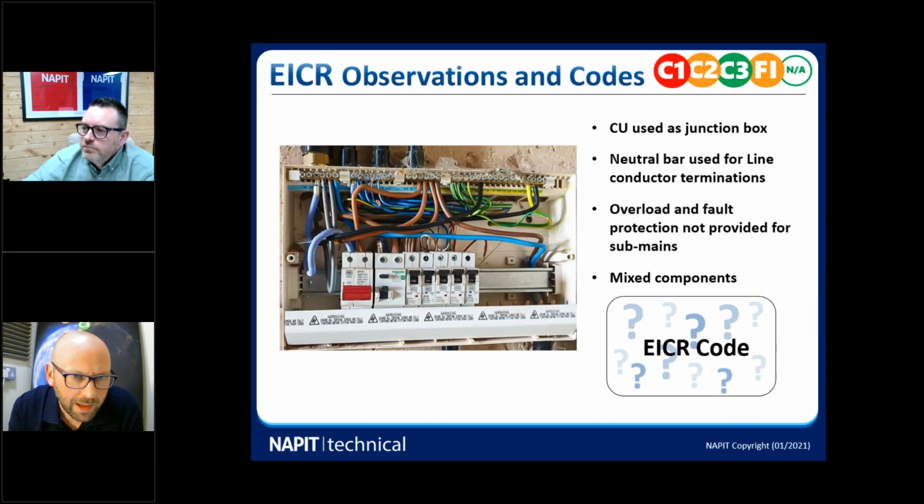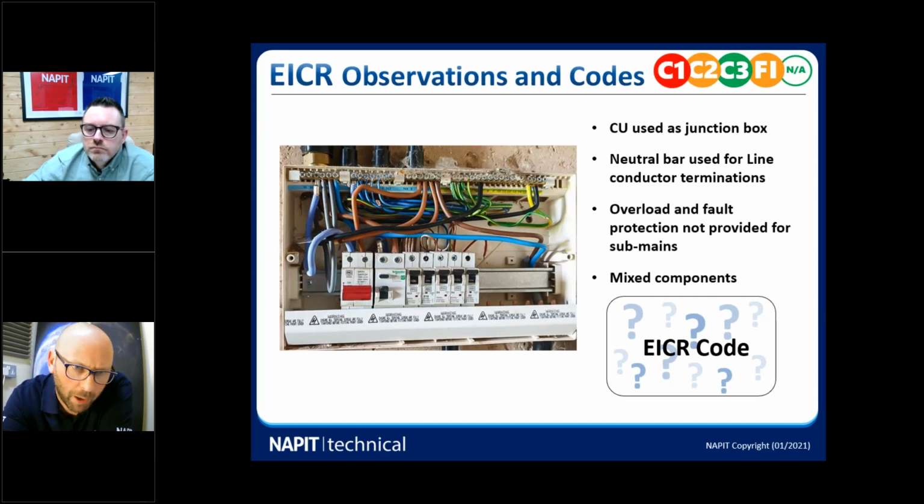So we believe the bottom right-hand cable comes in and feeds this consumer unit, and it's being used as a junction box on that neutral bar there, okay? So there's other submains that are leaving this position with no protection. There's no overcurrent protection there, or fault protection.